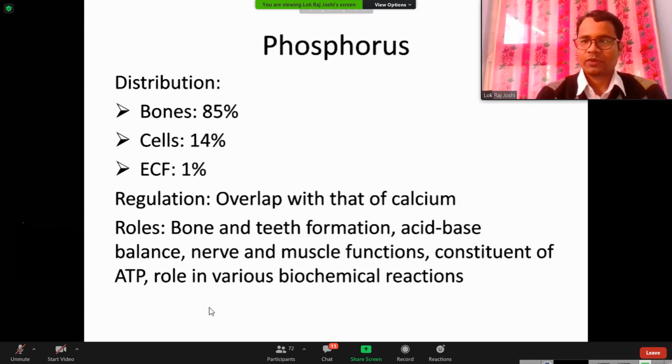But from the dietary viewpoint, its deficiency is not common, because if we take a normal diet, its amount will not be low in a wide variation of diet. But calcium and vitamin D deficiency can occur easily, especially in vegetarians who are not exposed to sun.